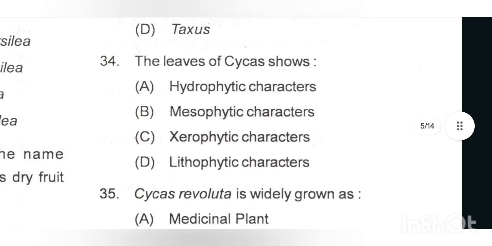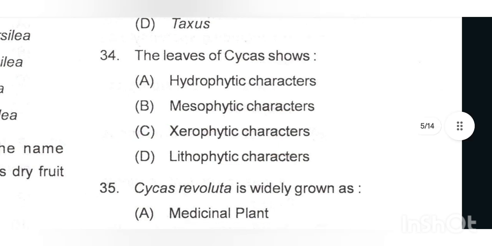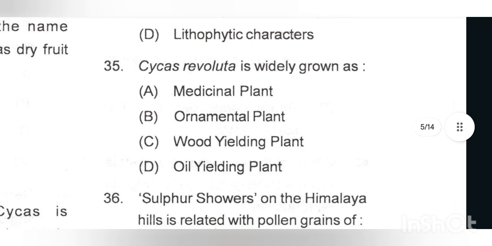Then question number 34, the leaves of Cycas show xerophytic characteristic features. Cycas revoluta is widely grown as an ornamental plant.